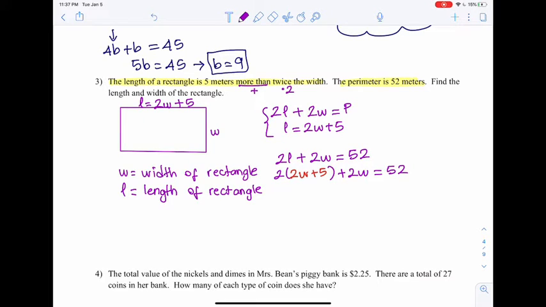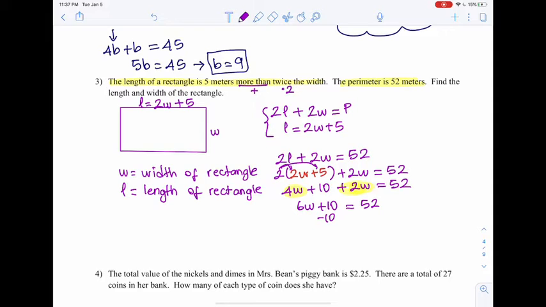Then let's distribute 2 over 2W and 5, which will give us 4W plus 10, plus 2W is equal to 52. Let's combine like terms before we move on. I would like to highlight the sign in front of 2W to make sure we don't miss any sign here. 4W plus positive 2W will give us 6W plus 10 is 52.